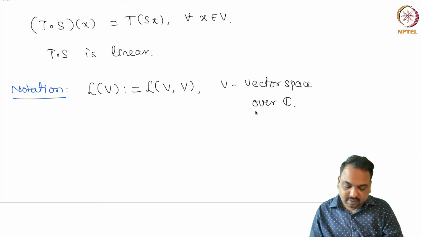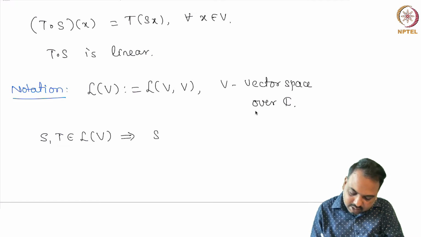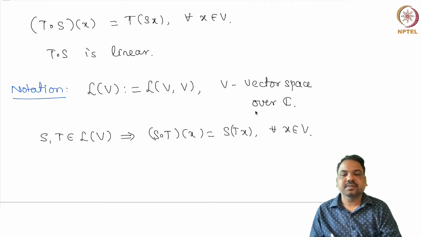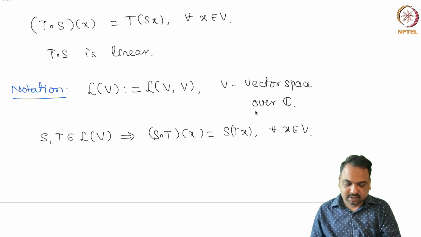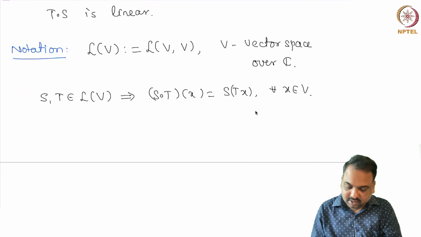Okay, so on L(V) we can define composition of two operators. So if I take S and T coming from L(V), then S composition T at x is defined the same way. We already know that L(V) is a vector space, and we are defining a new operation called multiplication of two operators or composition of two operators.